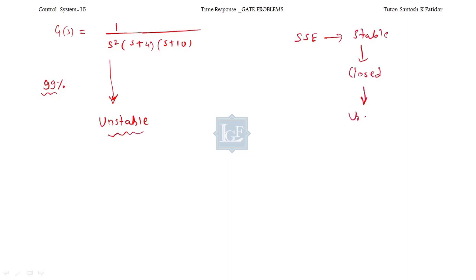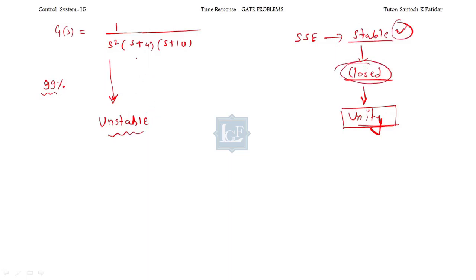Unity feedback is just for our calculation, so it is not a mandatory condition, but these two are mandatory. The system should be stable, and the system should be a closed loop control system. So this system is unstable, so we can't find the steady state error.